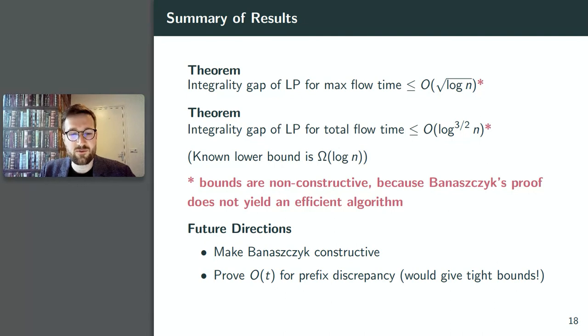If you could prove order of t for prefix Beck-Fiala, so recall that in the normal Beck-Fiala discrepancy you can show order of t, and at least with current knowledge it would be consistent if you could improve the Bansal-Spencer bound to order of t. And if you could do that, you would immediately get tight bounds up to constant for both of these cases of flow time.